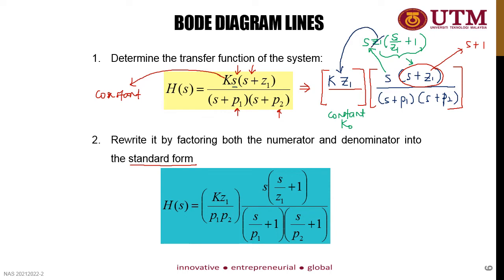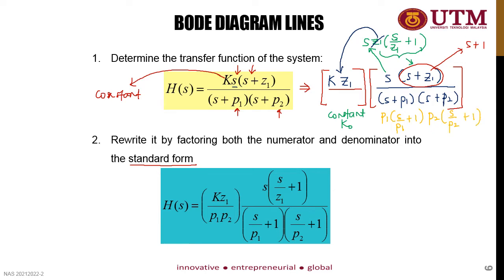Let's look at the denominator. Now you need to remove p1. So in this case, this becomes p1 s over p1 plus 1. The same goes for the second component: you have p2 s divided by p2 plus 1.